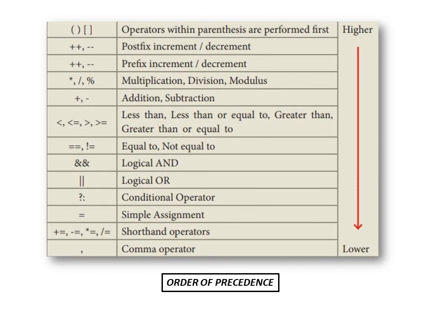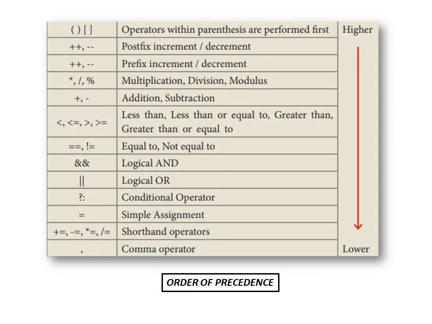Operators within the parentheses are used first. Brackets are performed first, followed by postfix increment or decrement. Next is prefix increment or decrement. In arithmetic operators, the first we use is multiplication followed by division, then modulus. After that we use addition followed by subtraction, then less than, less than or equal to, greater than, greater than or equal to.